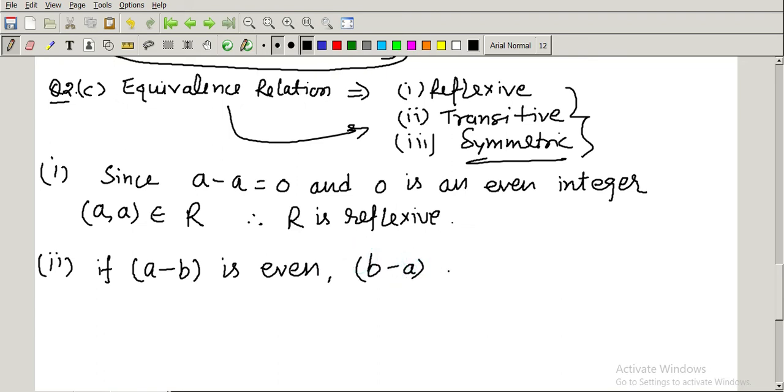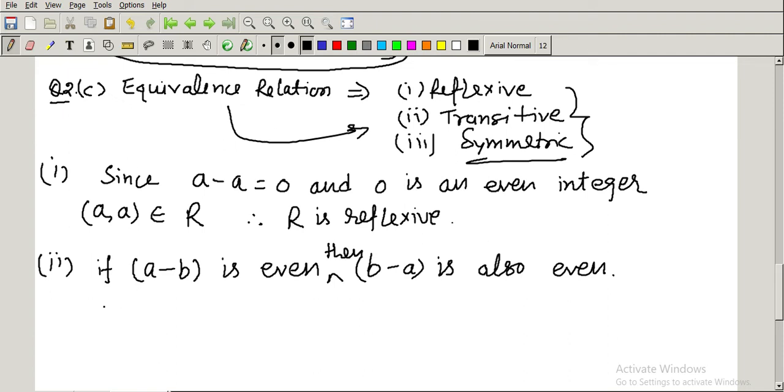Then B minus A is also even, ऑब्वियसली. You can take any example. 2 minus 4 is minus 2, which is also even. 4 minus 2, it is also even. So if A minus B is even, then B minus A will be even.